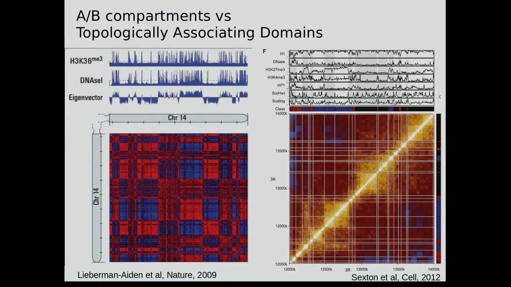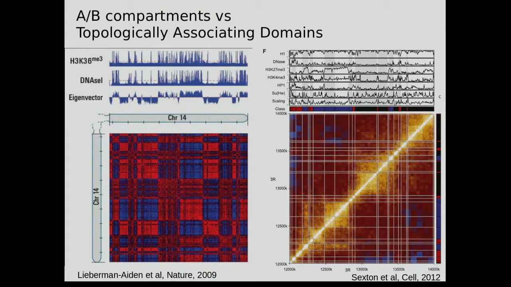I'll not go into details of what exactly these matrices are, but already in the Lieberman-Aiden paper from 2009, it was observed that there are these A-B compartments. If you look at the principal components of the contact matrix in the Hi-C, you get these clear checkerboard patterns, and these correspond to a large extent with the activity of the genome.